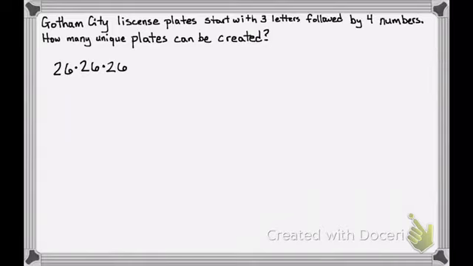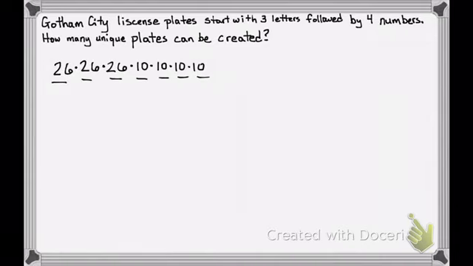Next, the last 4 entries on our license plate need to be numbers. There's no restriction on those numbers, and so that first number could be any single digit. It could be 0, 1, 2, 3, 4, 5, 6, 7, 8, or 9. That's 10 distinct numbers that we could have on our first number, and then the same thing for each subsequent number. We have 10 possibilities for each one of those as well. And so, with our 7 different positions, we have all of those different possibilities, and all we need to do is multiply all those numbers together.